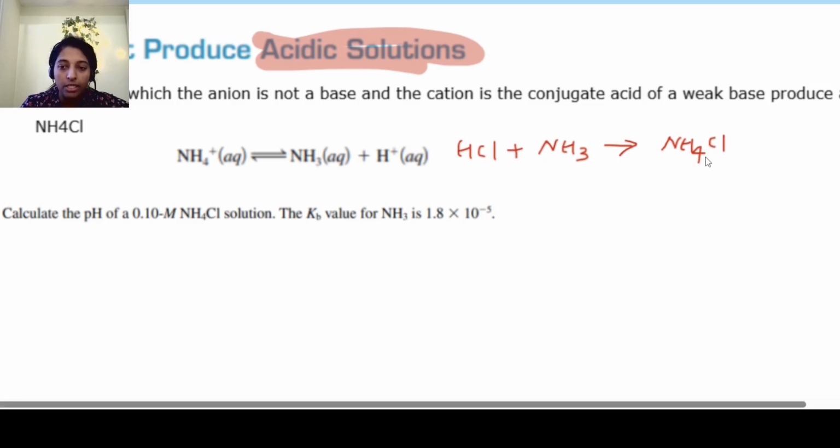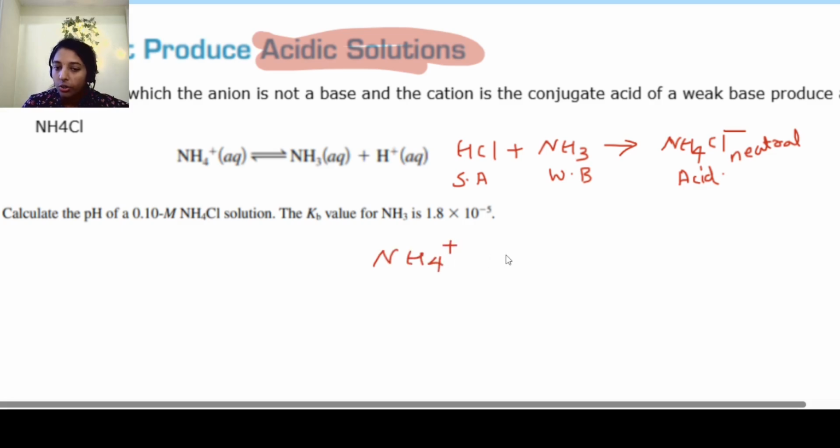Here, definitely this is a strong acid and this is a weak base, so my salt will be of acidic nature. So who is responsible for the acidic nature? Is it NH4+ or Cl−? Now you know the answer, right? Cl− is neutral, it's negligible because it's formed from HCl, a strong acid. So here the reason for the acidity is NH4+.